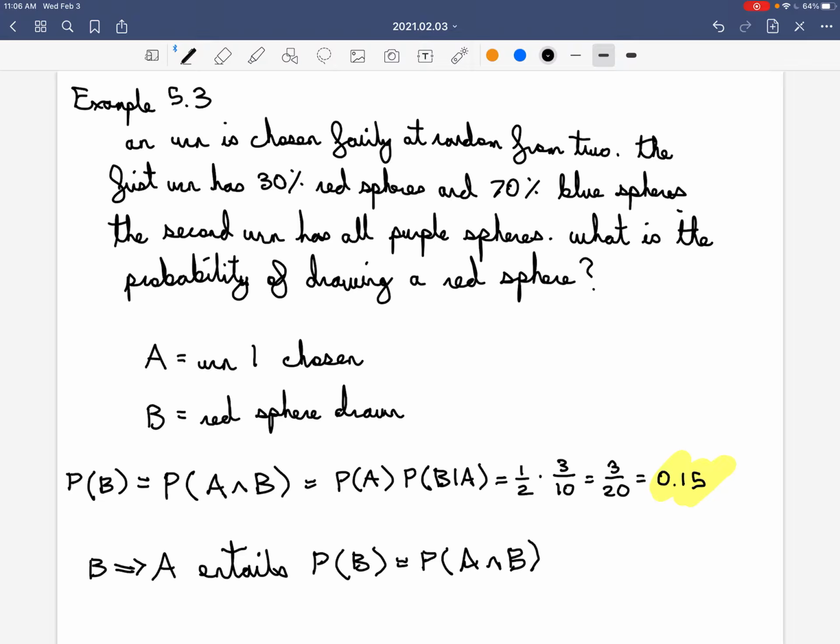But because the second urn has all purple spheres, we can use the trick I talked about before, which is super useful in conjunction with conditional probability.